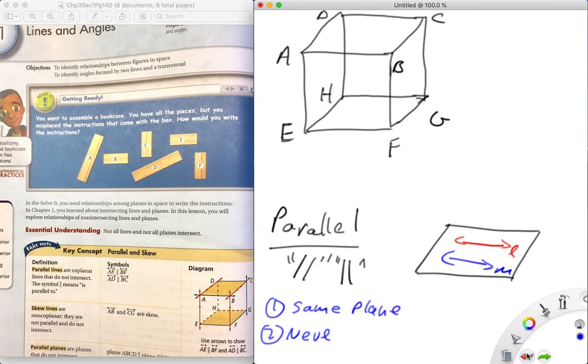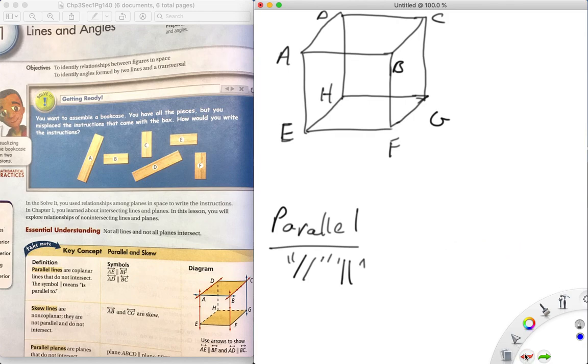The next one we have are skew lines. And this one's a little different in terms of seeing them.